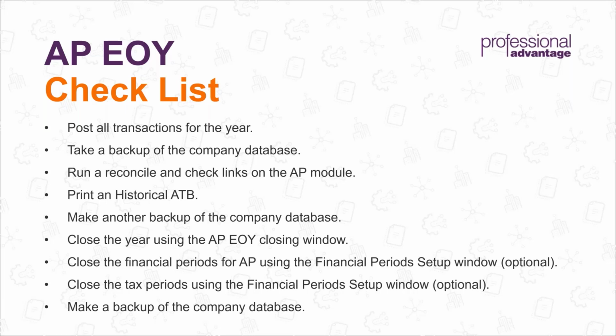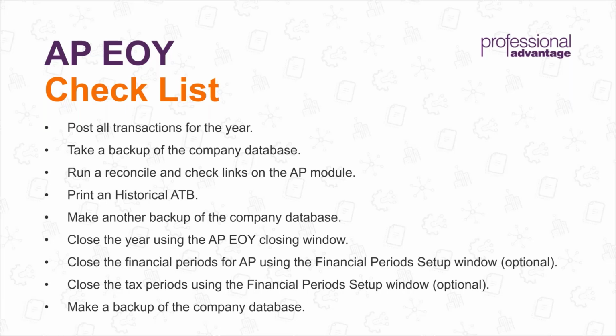And if there are errors, we perhaps need to do something accordingly based on what the error reflects. And there may not be any errors, which means your AP module data integrity is pretty good.